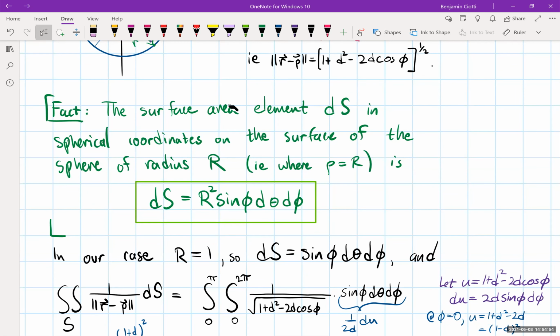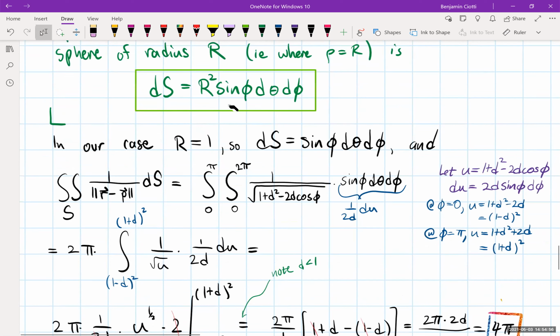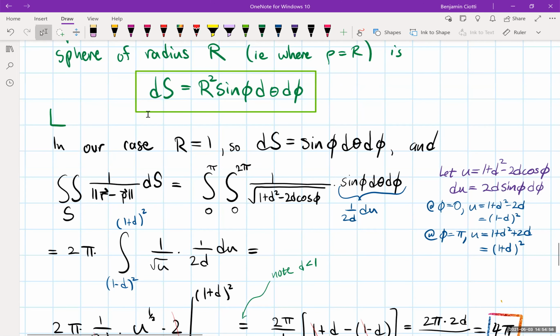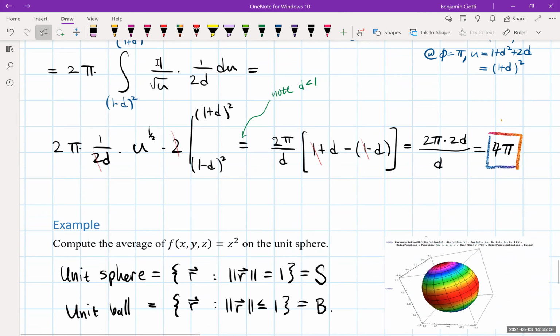Okay. All right. And yeah, Krishna asked if sine phi is the norm of the parameterization.